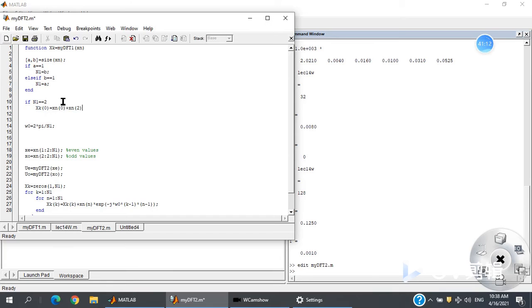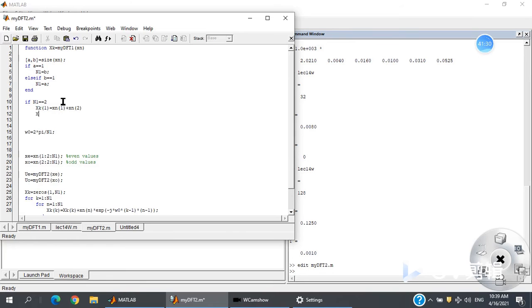Not 0, right? You have to start from index 1. Forget that. If you use C, it will be the same, the index starts from 0. If this is 2, I have these. Capital Xk of 1 will be xn of 1 minus xn of 2. Yeah, else.